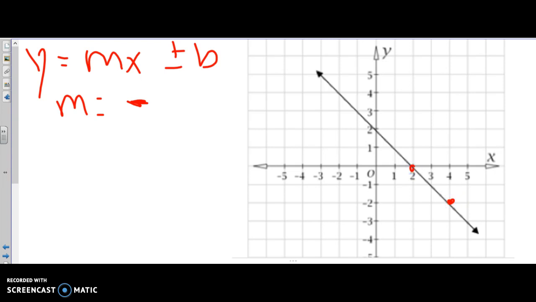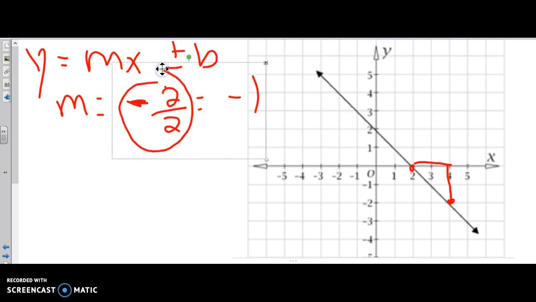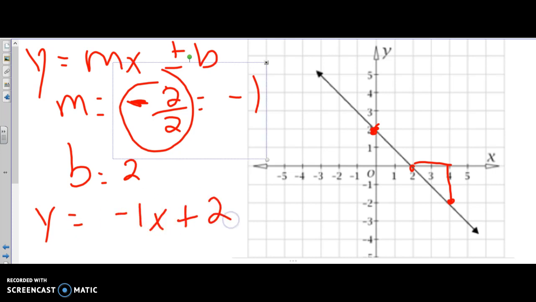So I rise 1, 2, and I go over 1, 2. 2/2. That will reduce down to -1. I would just do alpha y equals enter, -2/2, and I get -1. Now I need to find my y-intercept. My y-intercept is where it intercepts the y-axis, and in this case it's also at +2. So my equation would be y equals -1x plus 2.